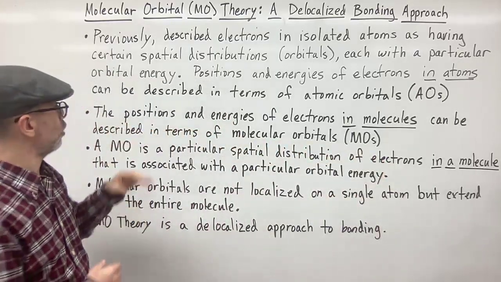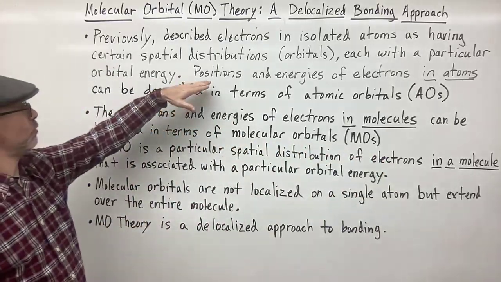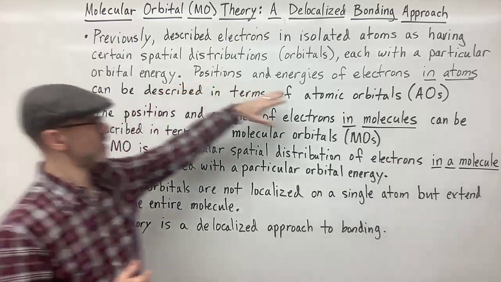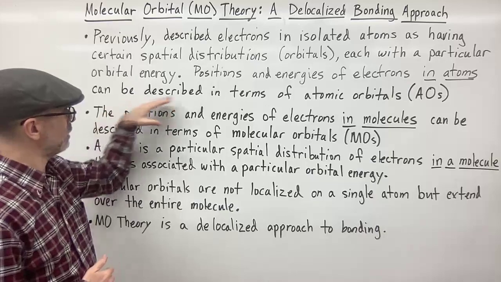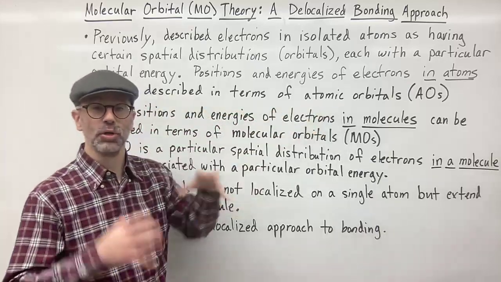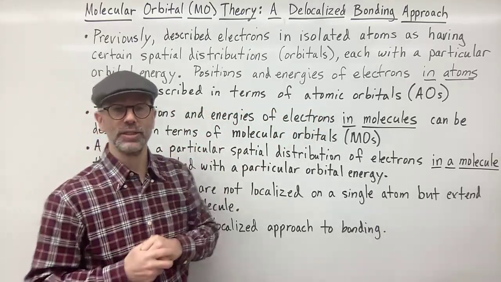So let me go back here. When we're talking about positions and energies of electrons in atoms, they can be described in terms of atomic orbitals, belonging only to the atom.